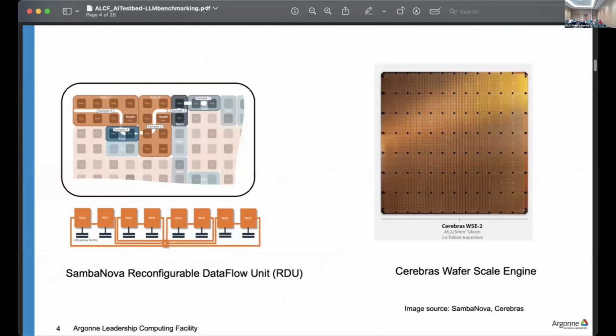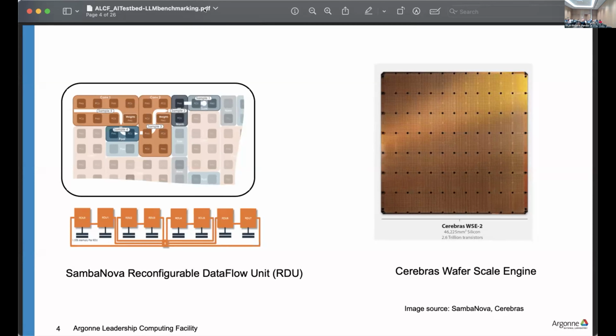So a quick high-level summary of how these systems differ. For example, the left-hand figure shows the SambaNova RDU, called a reconfigurable dataflow unit. That's a single chip which has a bunch of compute and memory units, called PCUs and PMUs. That's where the layers of a model are mapped onto the chip, and the data flow happens across the PMUs on the chip itself.